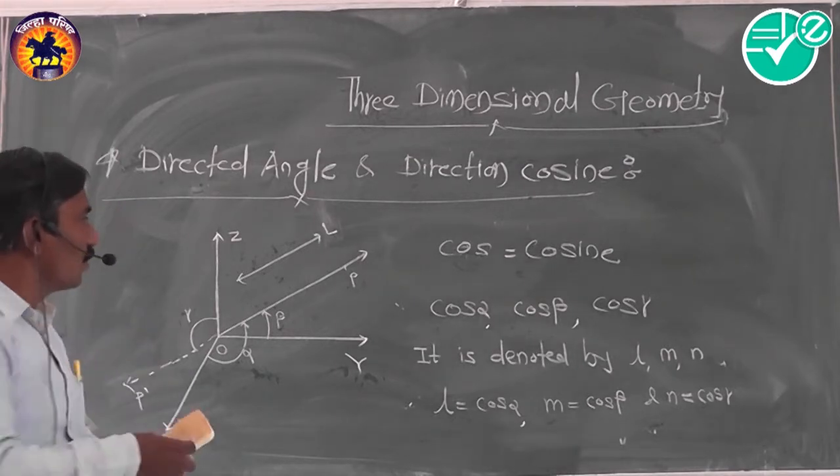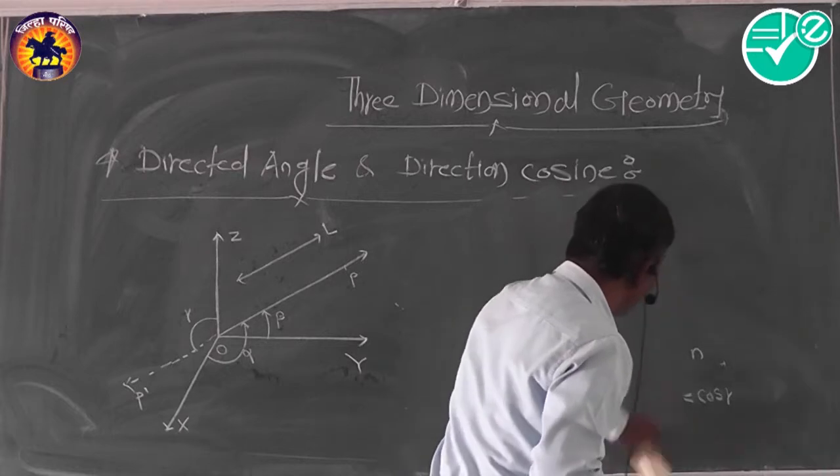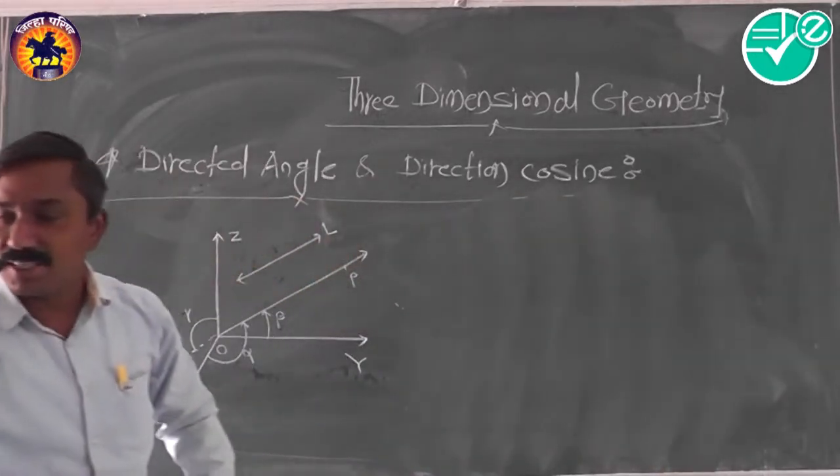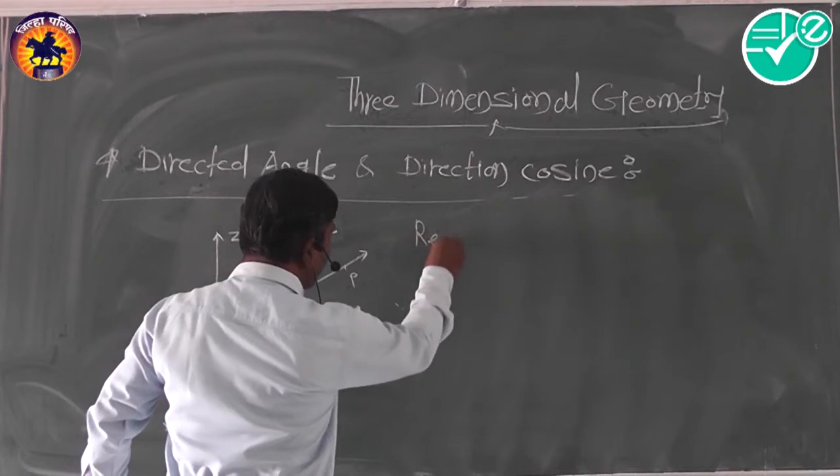But before this, we see what the direction cosines of the x, y and z axes are. So here we clear some remarks.